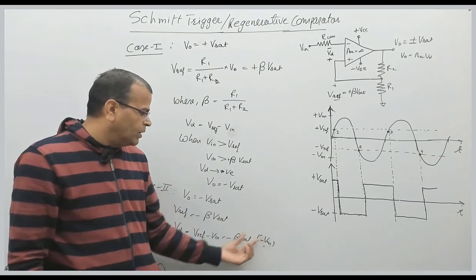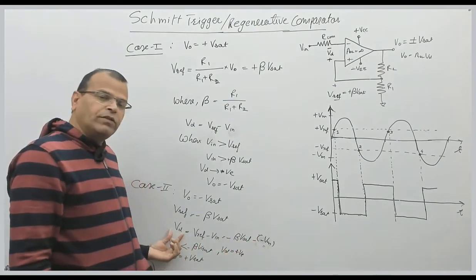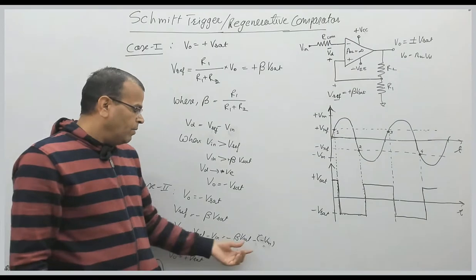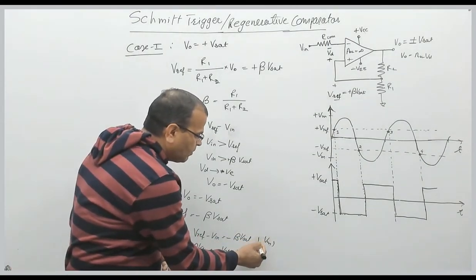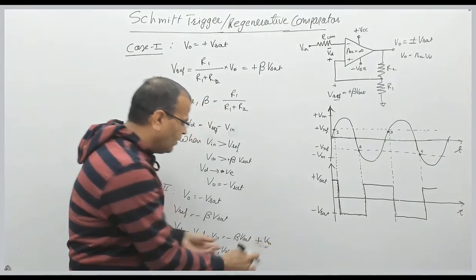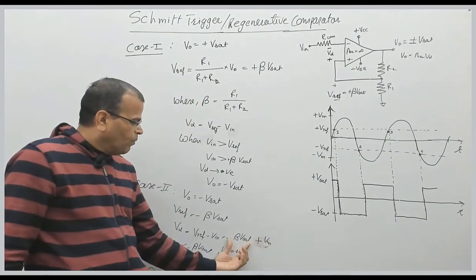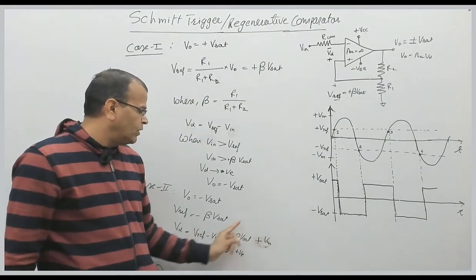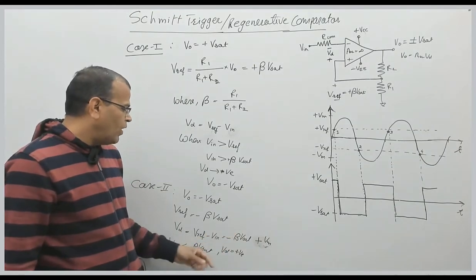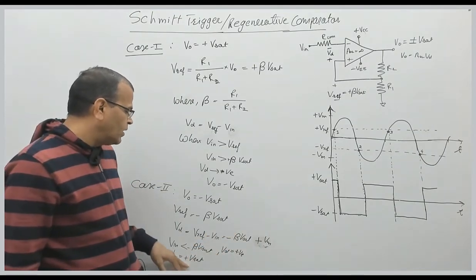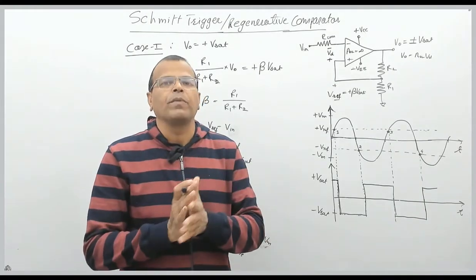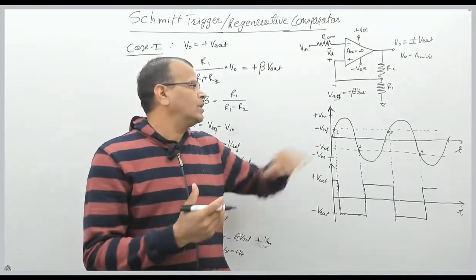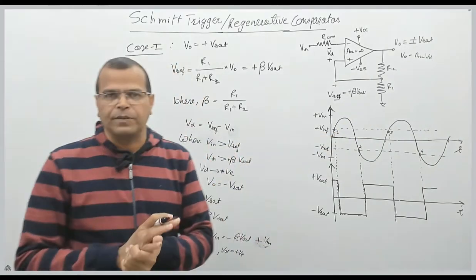So if Vm is more than this, it becomes positive. Why? Because when you take the negative sign outside, it becomes plus like this, right? So if it is more than this value, overall value will be positive, and when overall value is positive, Vd will be positive, and then V naught will be plus V set. I hope concept is clear. Now let us come to this circuit, right?